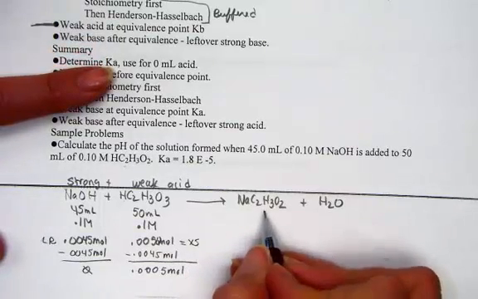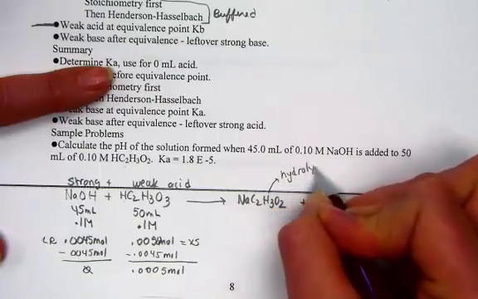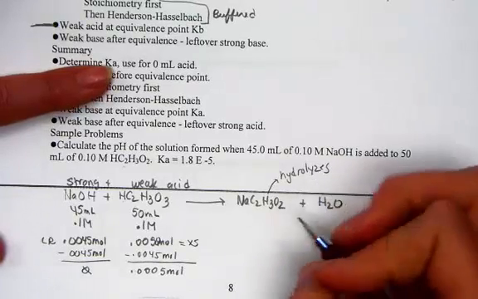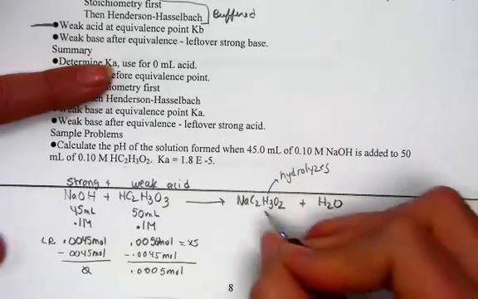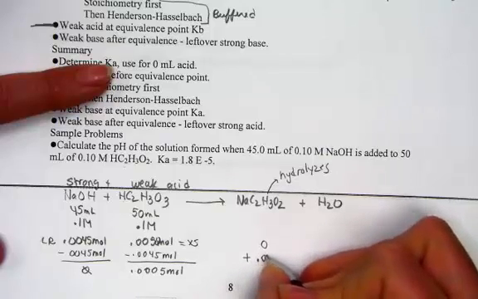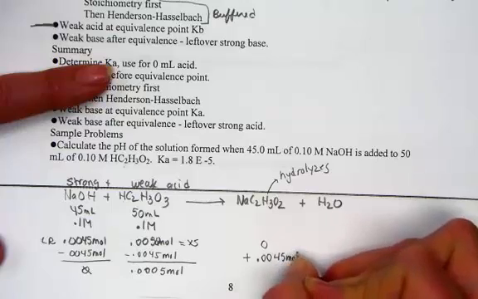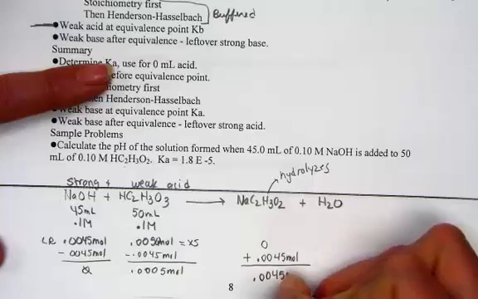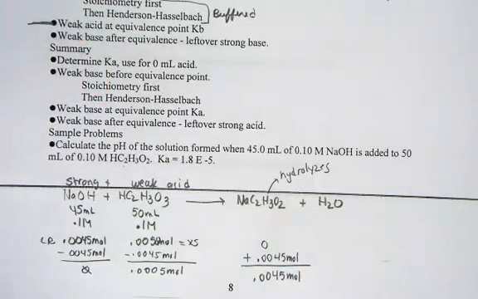Now remember, this salt hydrolyzes. It will also affect the pH. So at the beginning of the experiment, there was 0 amount of the conjugate base acetate, but it gets produced to the same tune as the base that got used, 0.0045 moles, giving us, after the experiment, 0.0045 moles of the sodium acetate, or the acetate in general.